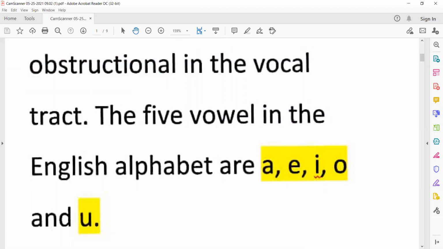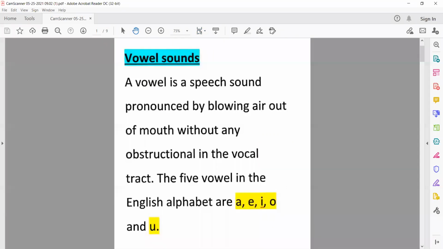O and U. So these are vowel sounds. Clear? Now look at the second slide. A. Apple.